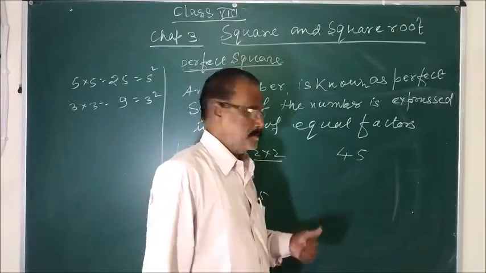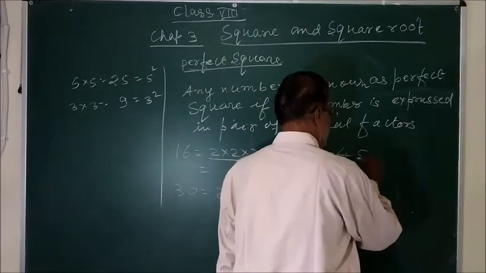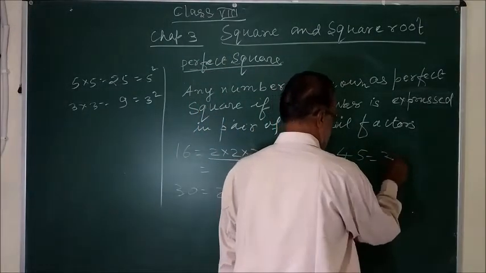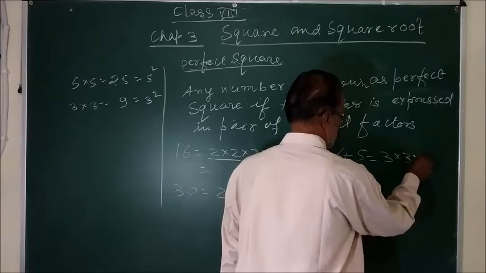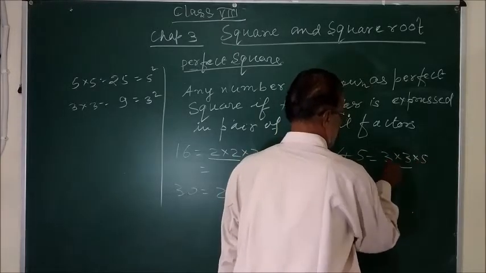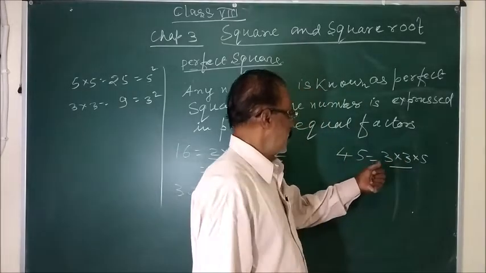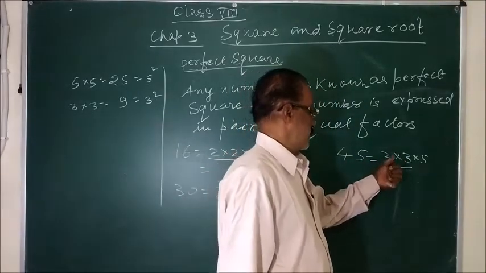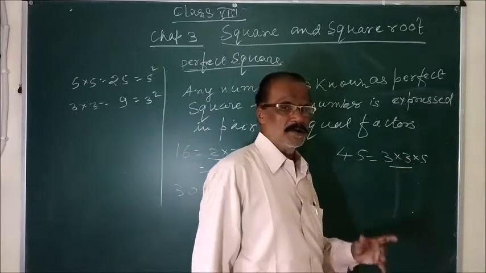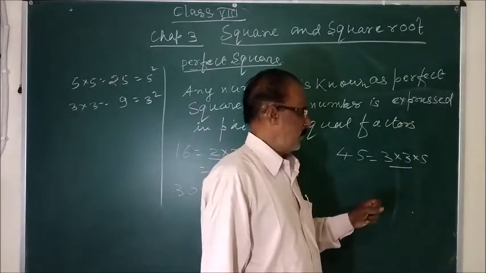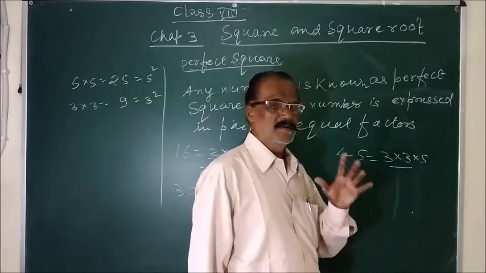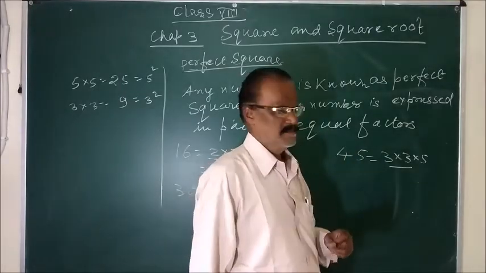How will you check? You find the factors of 45 and you will get 3 into 3 into 5. Now what do you see? The factors are in a pair of 3, but 5 is not in pair. Therefore, 45 is not a perfect square.